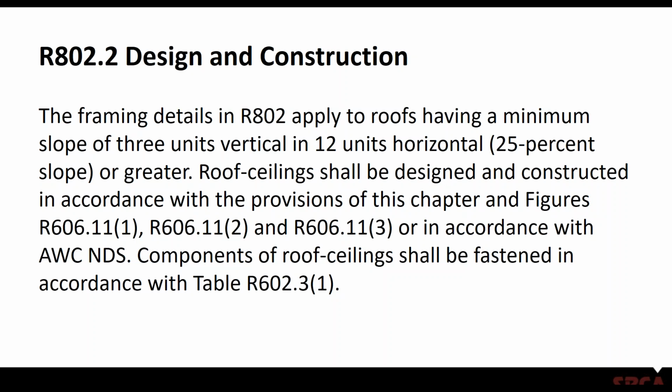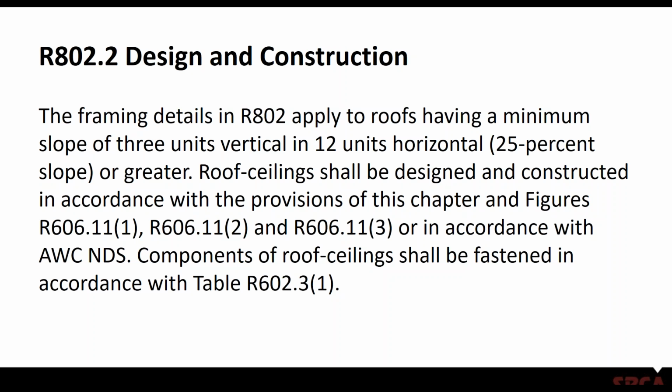A couple of figures in R606 are some of the prescriptive requirements for concrete masonry unit construction, in terms of how to support the wood on a CMU wall and how to provide uplift connections and things like that. Or you can use the American Wood Council's National Design Specification, NDS.